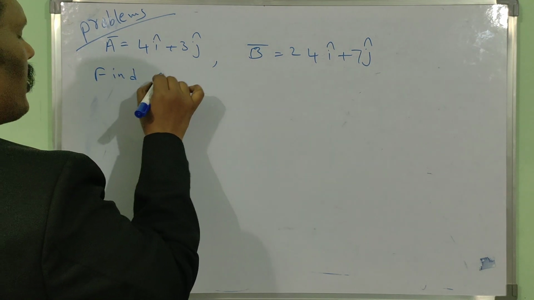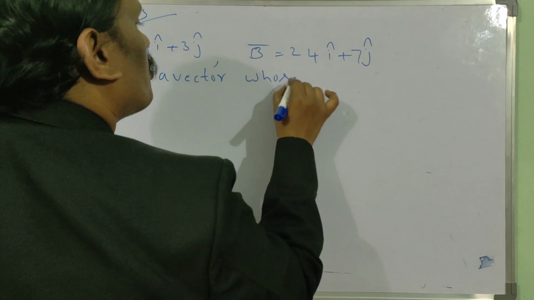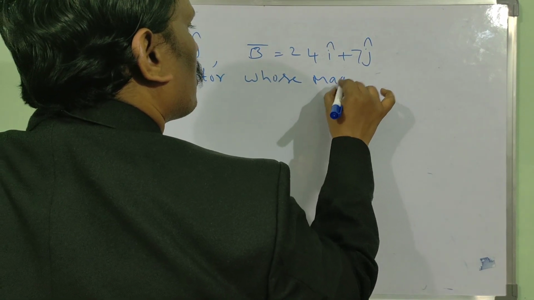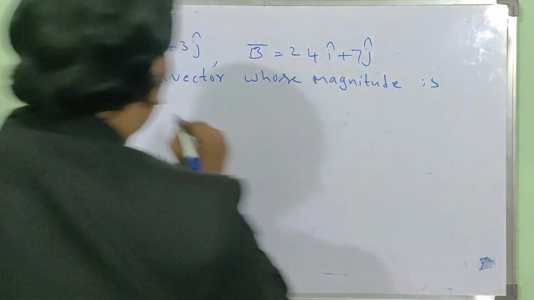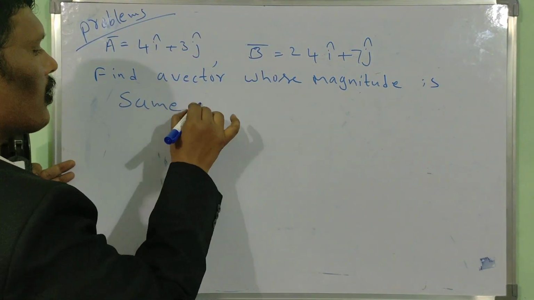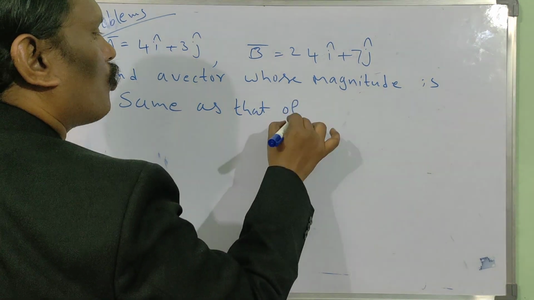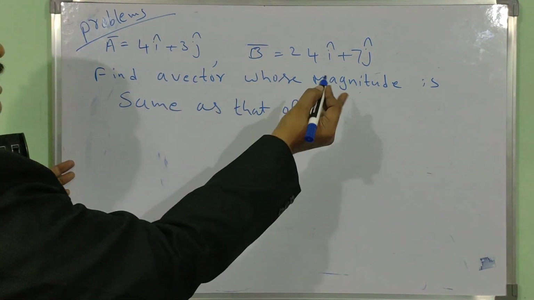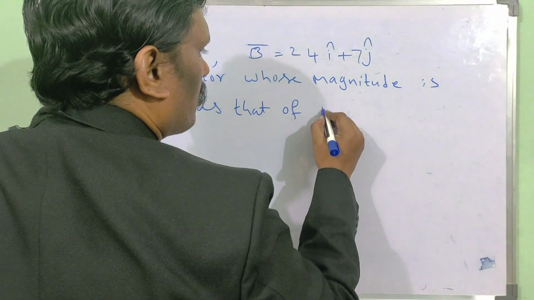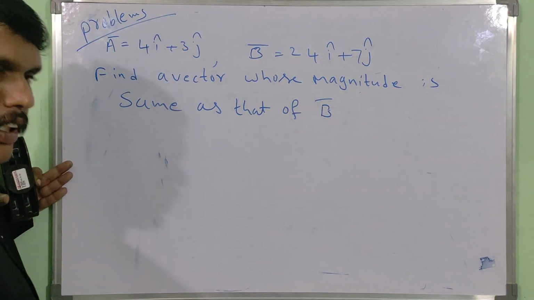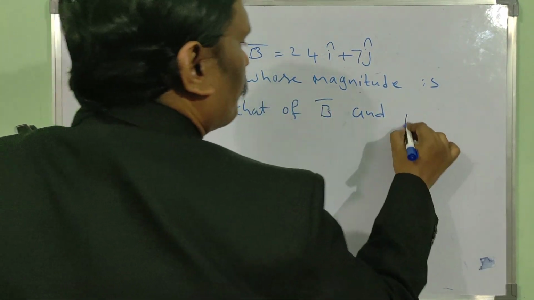Find a vector whose magnitude is same as that of B bar vector and parallel to A bar.